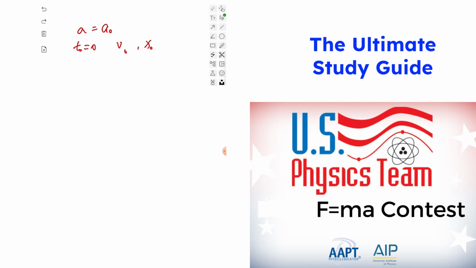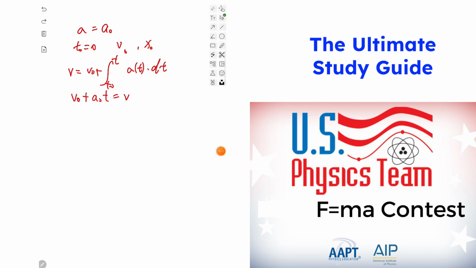Then from the previous video, v equals v0 plus the integral of a(t) dt, and since a is unchanged, equal to the constant acceleration a0, v equals v0 plus a0t.